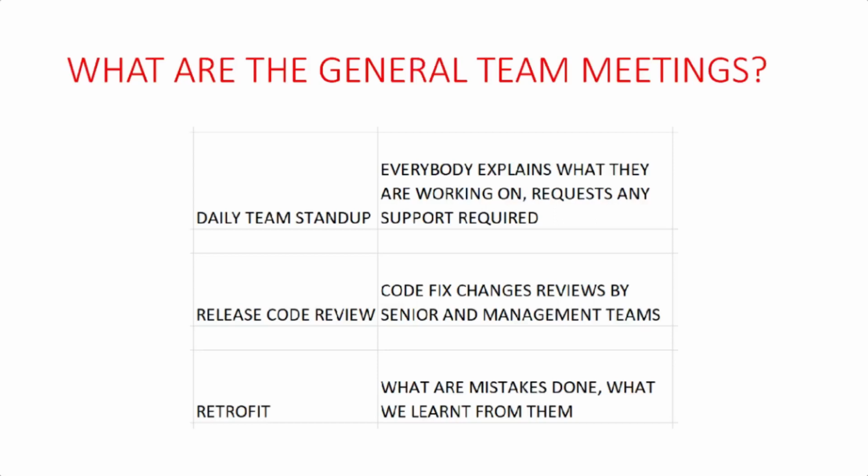Next is the release code review: whatever program changes we have made for the release, we review with the senior or management teams. If they have any concerns about the standard process, they will guide you, and we should take action on that. Then the retrofit: once the release is finished, we note the mistakes made in the last release, why they happened, and how to rectify them.